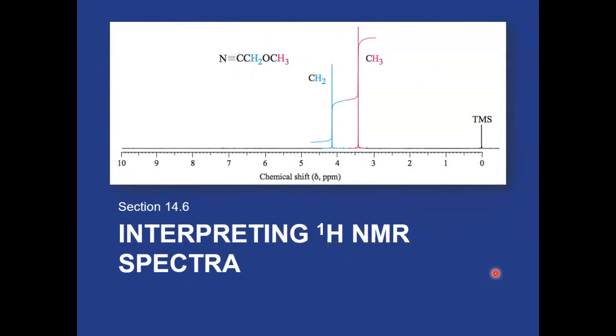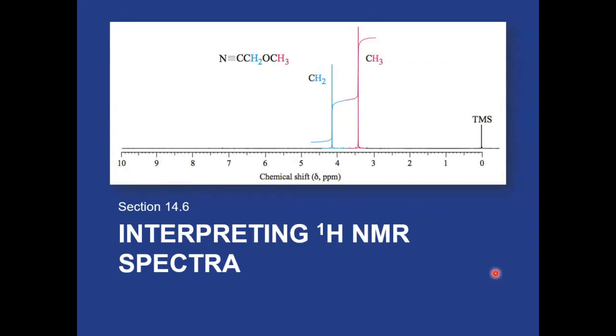Now, the most important goal of learning NMR spectroscopy is that if you're given an NMR spectrum, you need to figure out what your compound might be. If you cannot directly tell what it is, at least narrow it down to a few possible candidates.